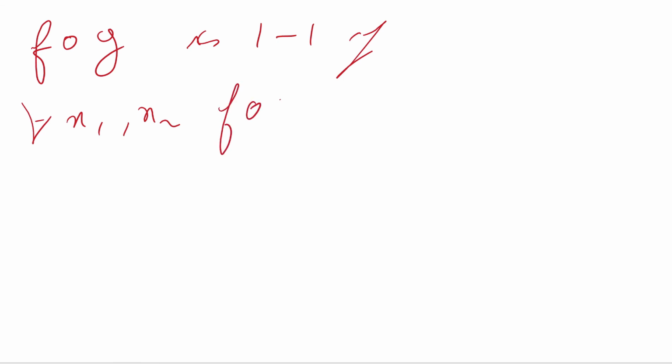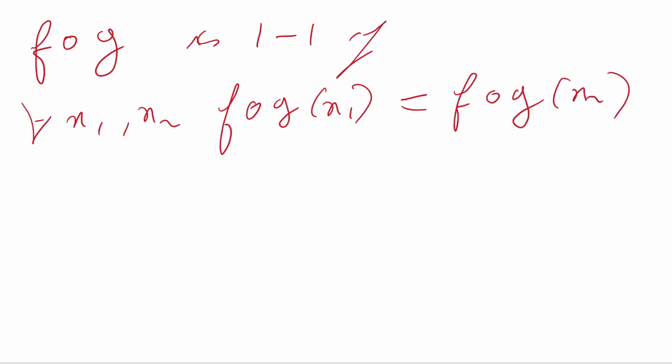f∘g is one-to-one if for all x1, x2 in the domain, f∘g of x1 equal to f∘g of x2 implies x1 equal to x2.